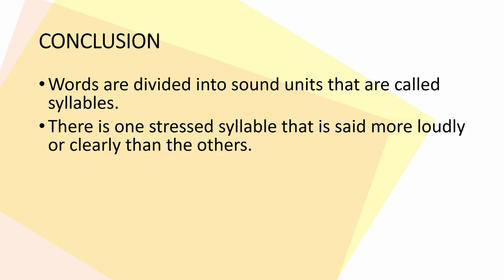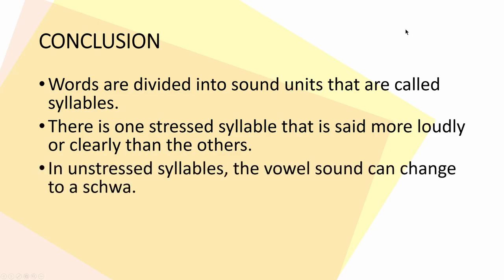And if you have more than one syllable in a word, you're going to have one stressed syllable, and then you're going to have unstressed syllables as well. In unstressed syllables, the vowel sounds can change. It can become a schwa vowel sound. So that sounds like a.